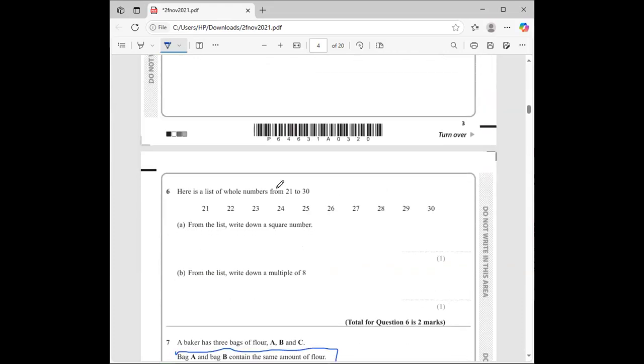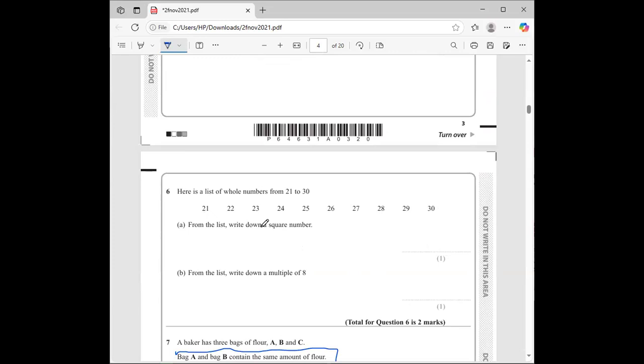Here is a list of whole numbers from 21 to 30. From the list, write down a square number. So if you look at this, do you agree with me that there's a square number here?